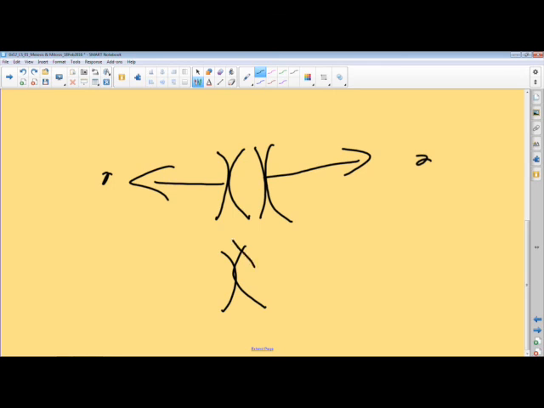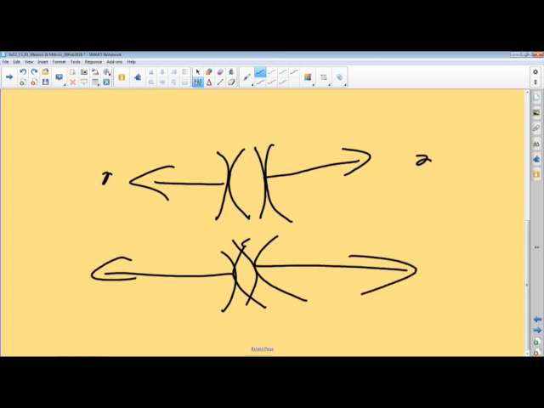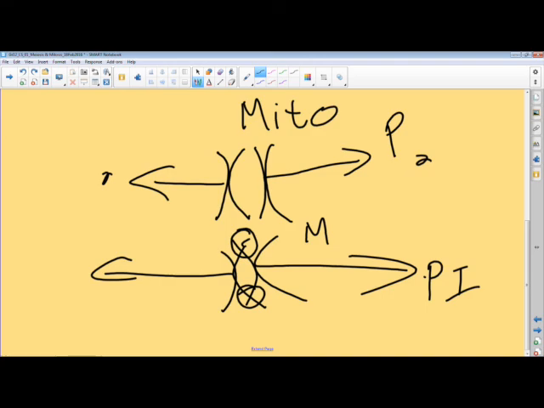The only difference is now they're going through that process called crossing over, and then they're going to be pulled to the side. Can you see the difference? Remember, look at the crossing over. This here is prophase 1, and this is just prophase. This is mitosis, and this one is meiosis.